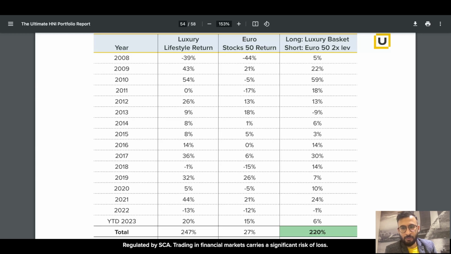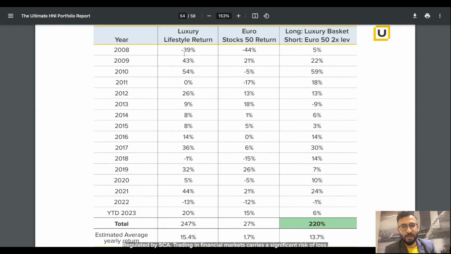Perfect. Great. I think all of you have answered around the same number. So I'll show you: 2008, yes. 2009, yes. 2010, yes. 2011, yes. 2012, yes. 2013, no: Euro stocks went up by 18%, while luxury lifestyle went up by 9%. 2014, yes. 2015, yes. 2016 through 2021, yes. 2022, no. There was a difference of 1%, but still Euro stocks outperformed.